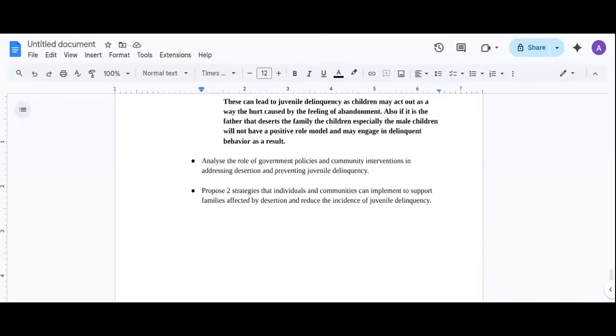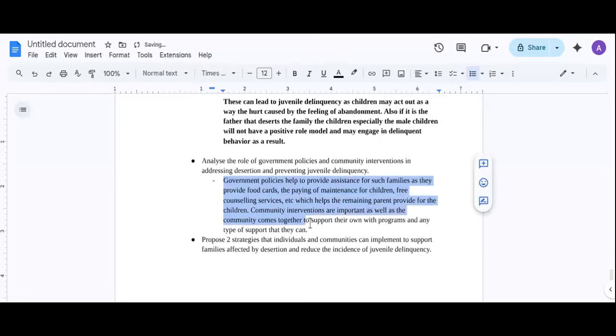We will analyze the role of government policies and community interventions in addressing desertion and preventing juvenile delinquency. So, what role do the government and community interventions have?